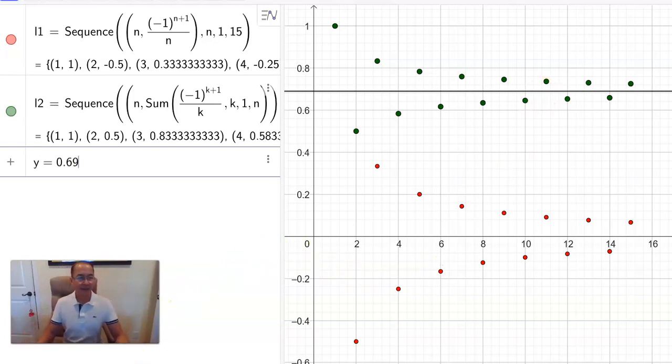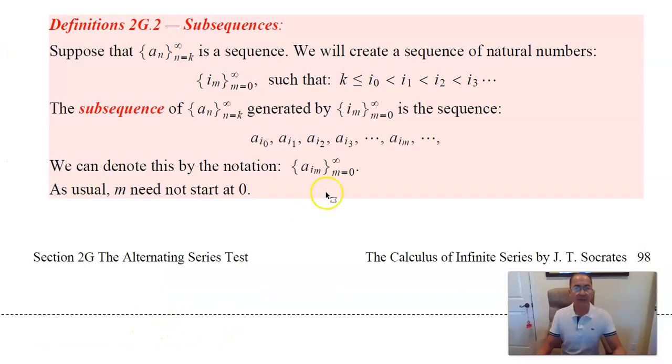That's just me. Okay, so let's go back to our PDF because we are going to formalize this concept of what is called a subsequence. All right, so suppose we have a sequence of natural numbers, i sub m, m goes from 0 to infinity, where i sub 0 is the initial value of the index, the starting term basically of our sequence.